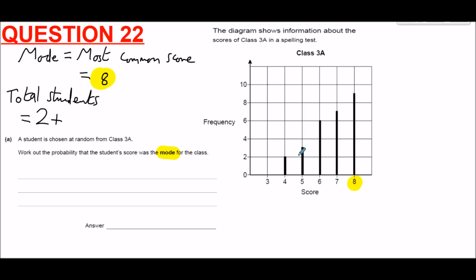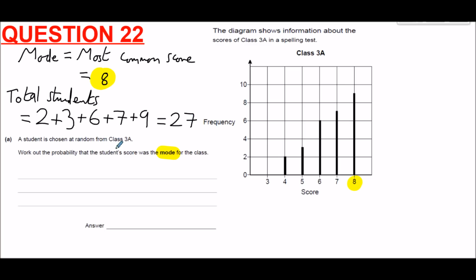That's 3 students that scored a 5. 6 students scored a 6. 7 students scored 7. And finally, 9 students scored 8. So 2 plus 3 is 5, plus 6 is 11. 11 plus 7 is 18. 18 plus 9 is 27.